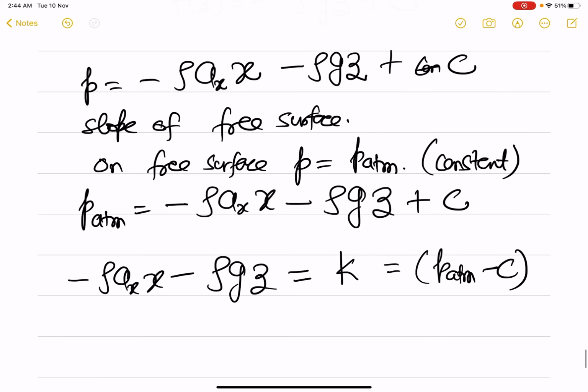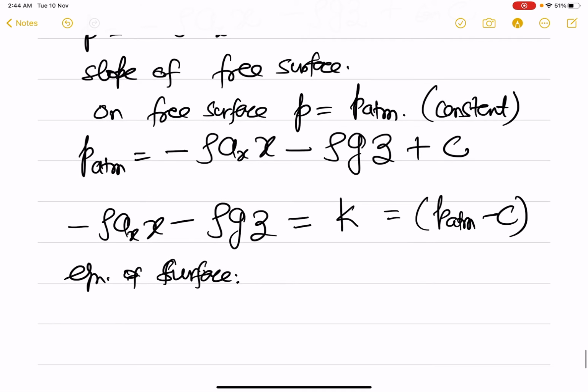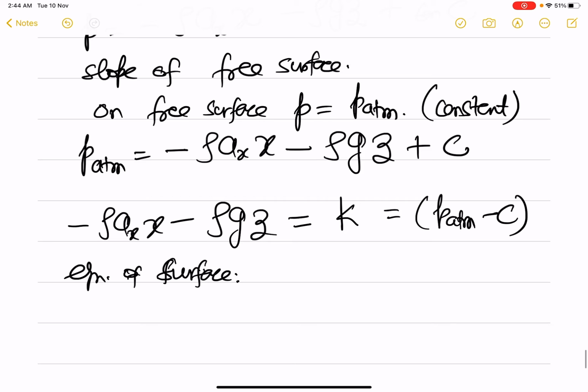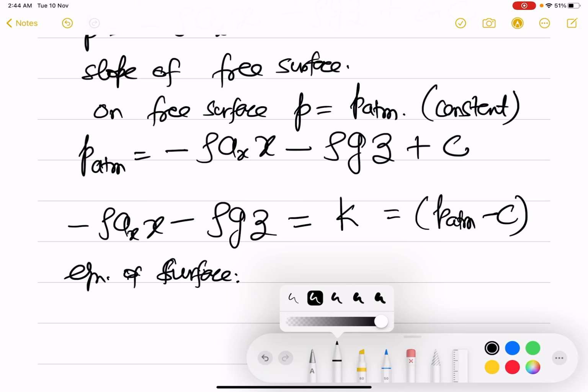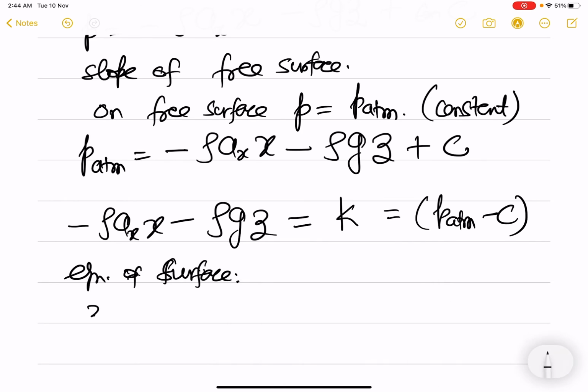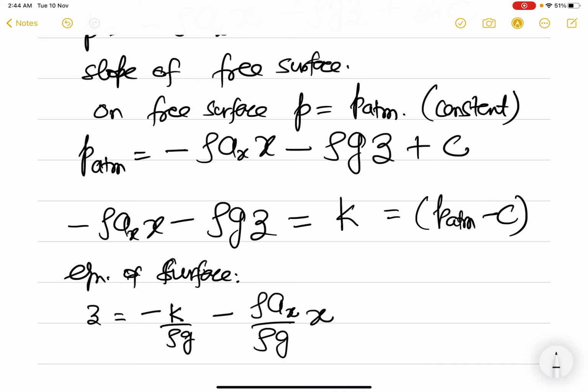So the equation of the surface I will get is, I take z on the other side, z is equal to minus k by rho g minus rho ax by rho g times x.